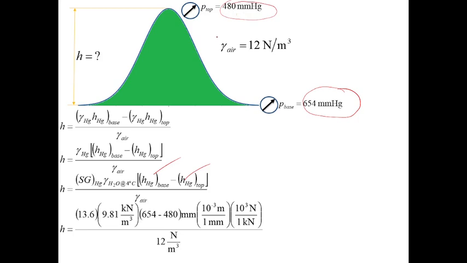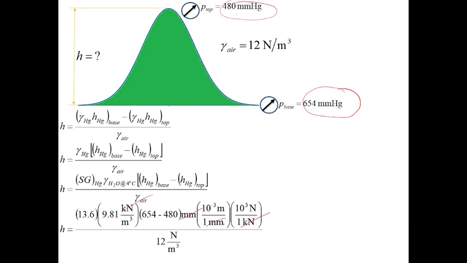Okay, and then we should be consistent with our units. For every millimeter, that is 10 to the negative 3 meter. And for every kilonewton, that is 10 cubed newton. So those cancel.